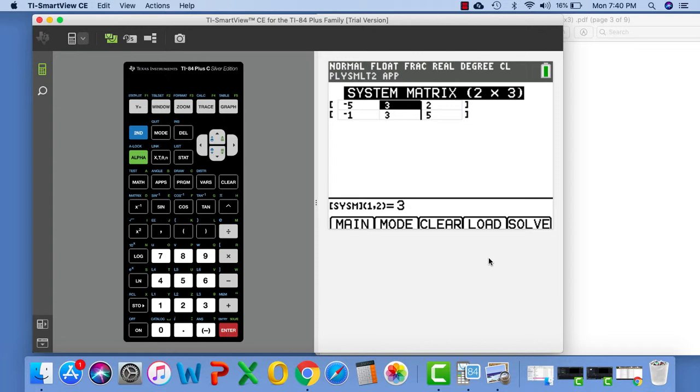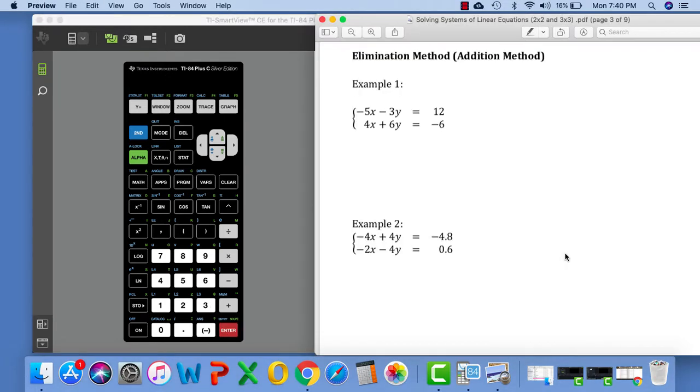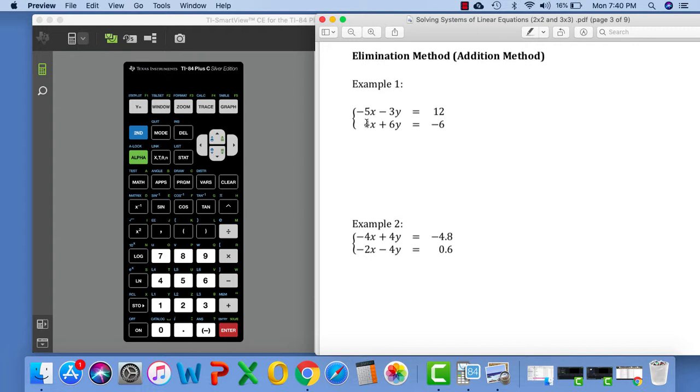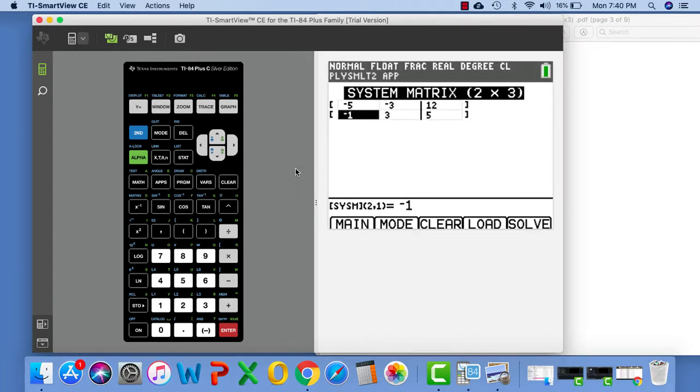So that's what I'm going to put in across here. -5, -3, and then 12. Then across the second row, I'm going to put in 4, 6, -6.